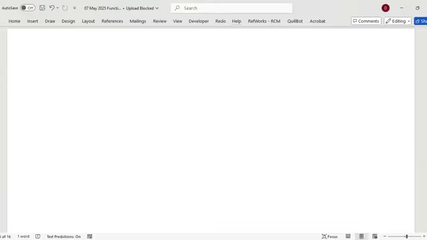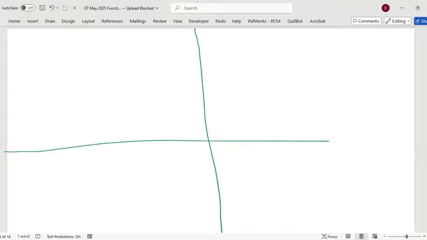They say draw a graph, a straight line graph. And then there is you drawing the straight line graph. Cartesian plane, x-axis, y-axis. And then you draw your straight line graph.